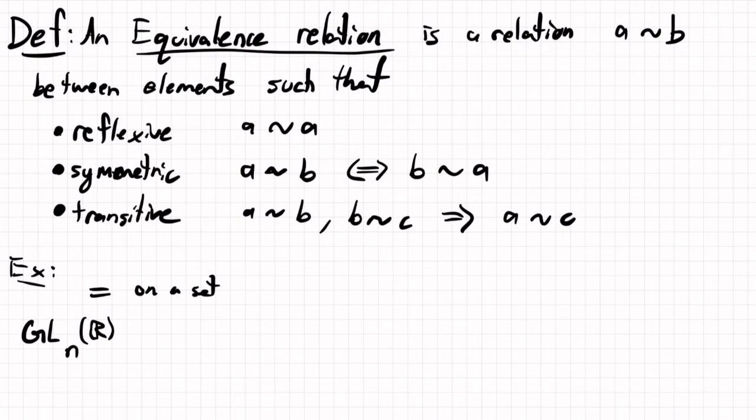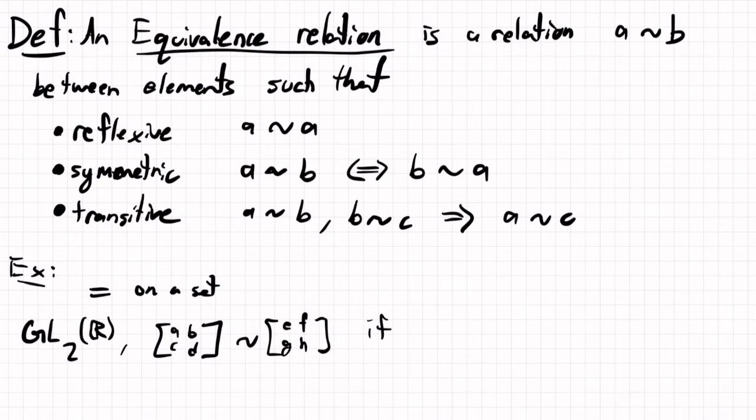Say the matrix (A, B, C, D), it can be in GL2, is equivalent to (E, F, G, H) if you can write an invertible matrix such that... I'll just say if the two matrices are similar.